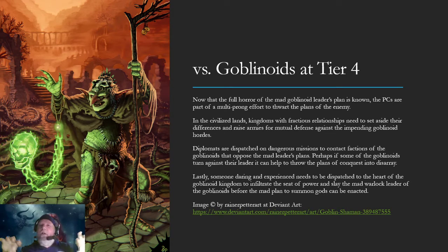And of course, the ritual is going to be in progress when you get there. And there's going to be a timer. You're going to have to succeed within a certain amount of time, or else, oh crap, here comes this goblinoid god right through the gate, and now we've got a lot more trouble on our hands. So that is your tier 1 through tier 4.